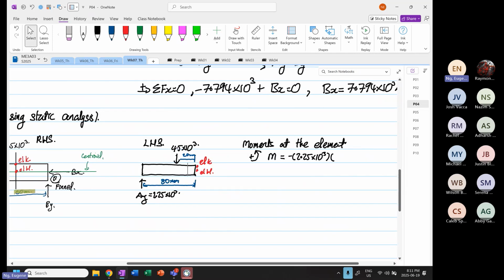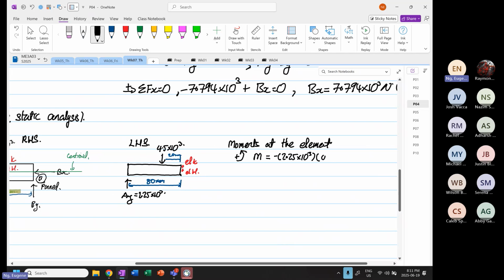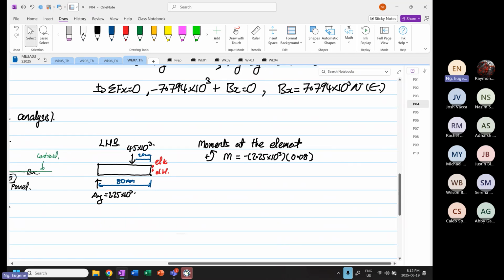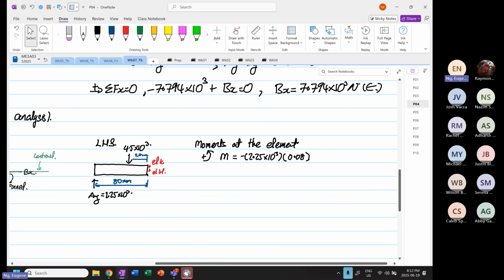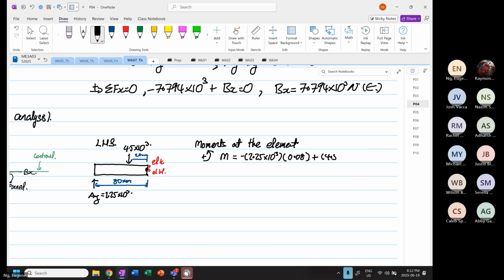Okay, relative to the element, so multiply by 0.08. And then we have plus, because relative to the element, plus 4.5 times 10 to the power 3, multiplied by 0.02.